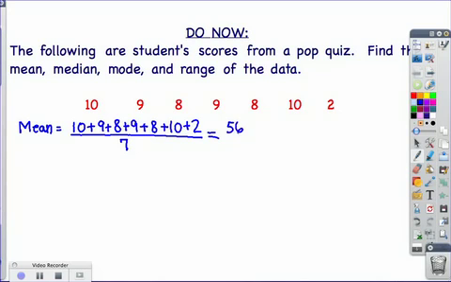We get 56 over 7, which equals 8. So the mean would be 8.